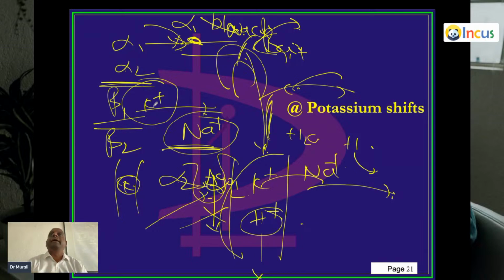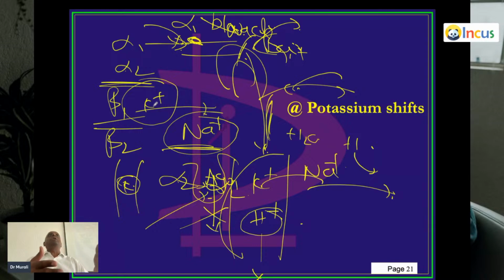Then comes beta 2. Beta 2 is located in bronchi. Stimulation of beta 2 leads to smooth muscle relaxation and bronchodilation. Beta 2 agonists are bronchodilators.